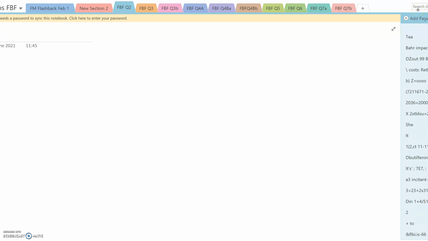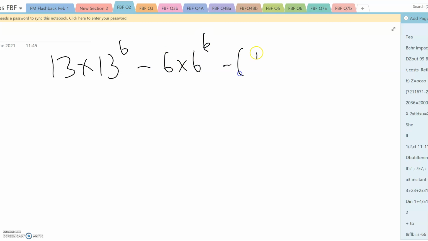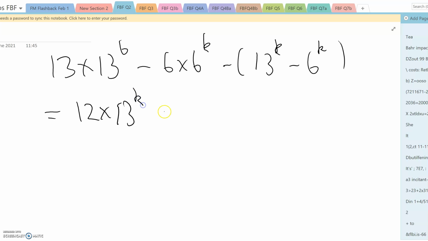But a bit of subtraction should give us 13 times 13 to the k minus 6 times 6 to the k, take away 13 to the k minus 6 to the k, and that in turn is 12 times 13 to the k minus 5 times 6 to the k.